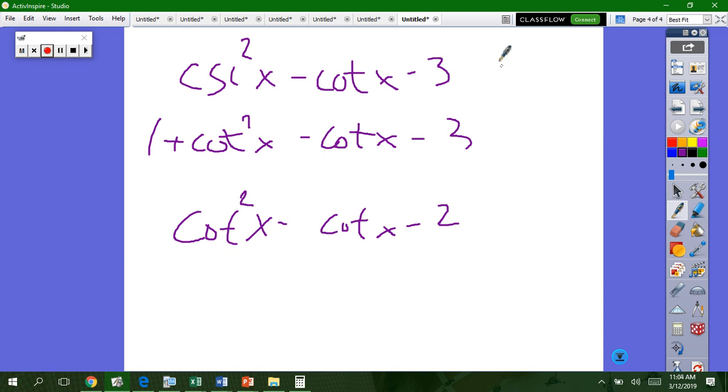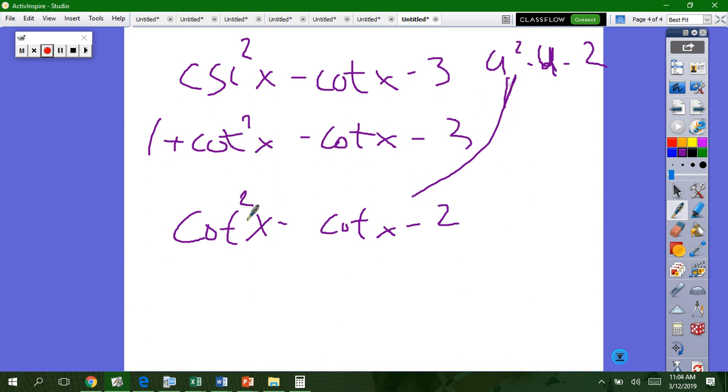Because now, if we looked at this, oops, that's a U, not a D. If we saw u squared minus u minus 2, would you guys see that I could factor that a lot quicker? You just have to train your eyes that this and this are roughly the same idea. We could use u substitution if you think of it. Who's our u? Cotangent.